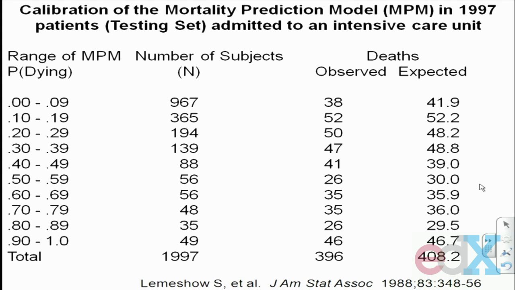So let me give you an example of how you can show that in practice. I'm going to go back to the mortality prediction model that we talked about in the previous slide. What I've done here is taken a table from one of their publications of what happened to 1,997 people who were admitted to their hospital.